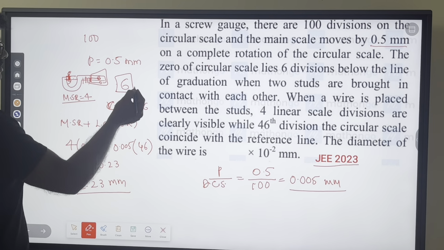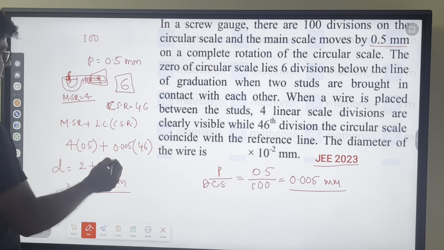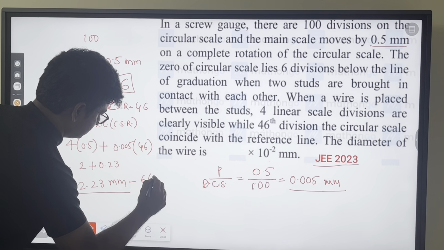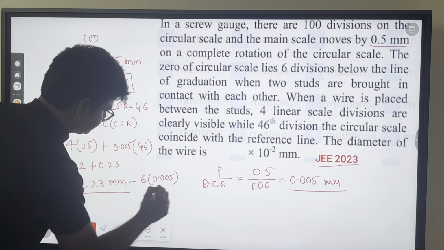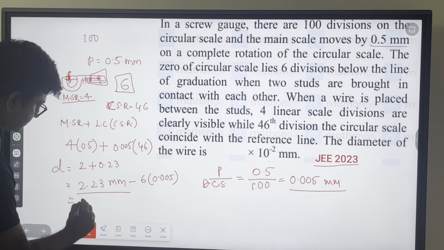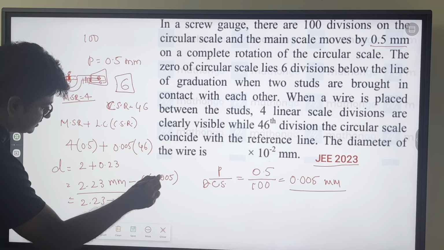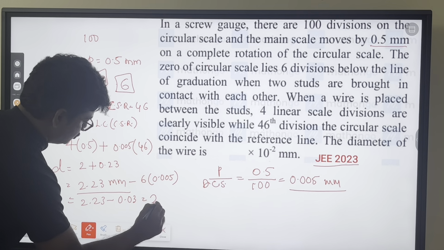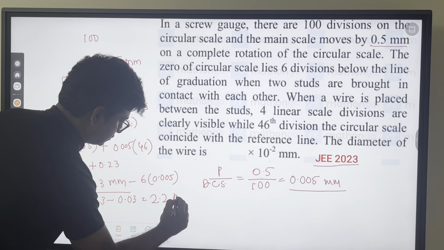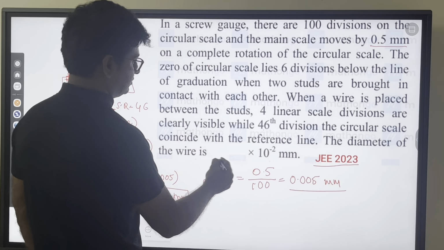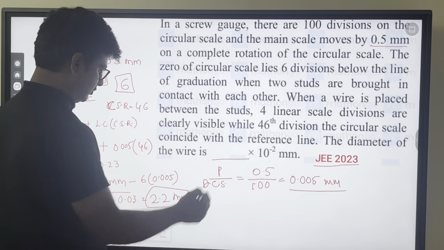But there is an error. How much is the error? The sixth division is coinciding. Therefore, 6 into the least count is the error. 2.23 minus 6 into 0.005, so this becomes 2.23 minus 0.03. 2.2 mm is the diameter. But it is given as a blank here into 10 power minus 2.